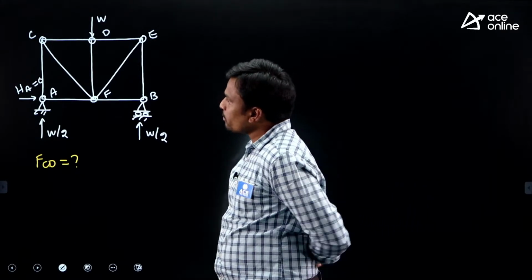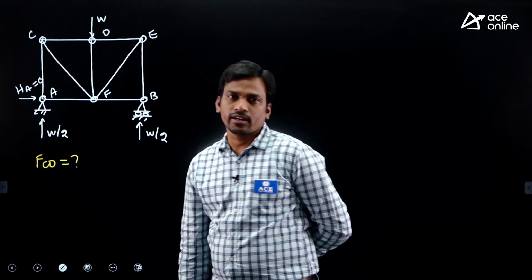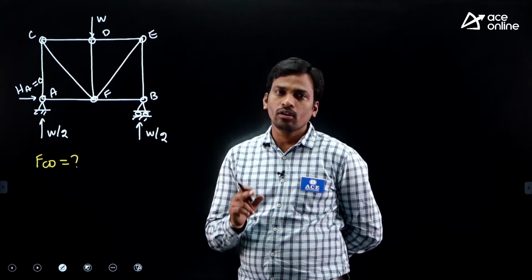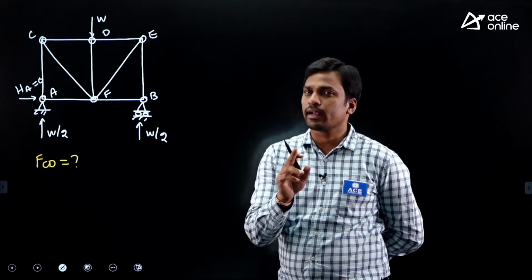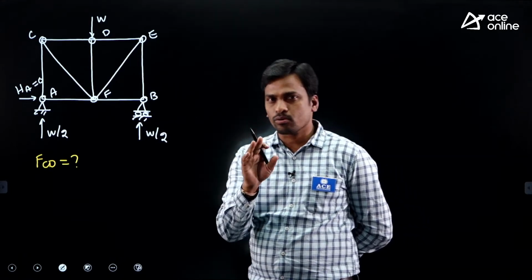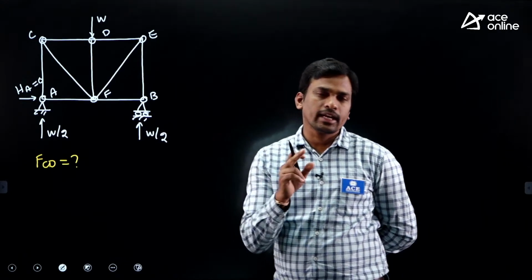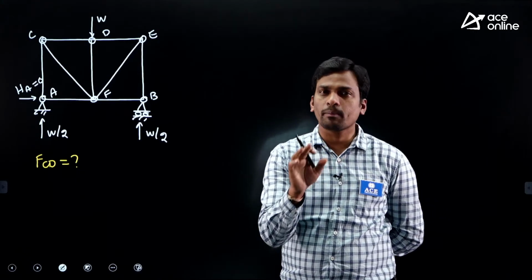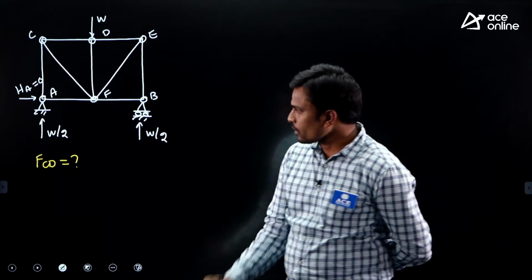Right. Now tell me, students, how to cut the structure to find the force in member CD. I told you, to cut the structure, two conditions must be satisfied. First condition, the section should pass through the selected member. Second condition, the section should divide the entire structure into two separate parts. Right.